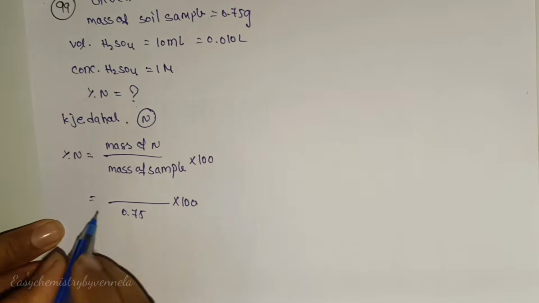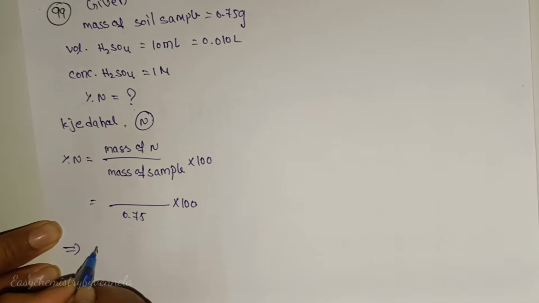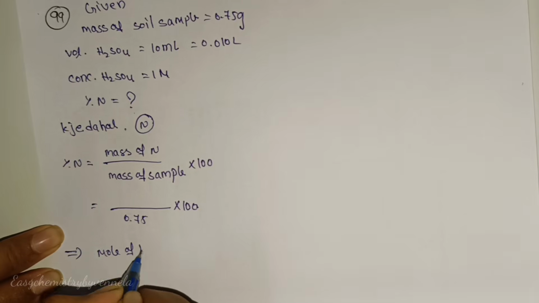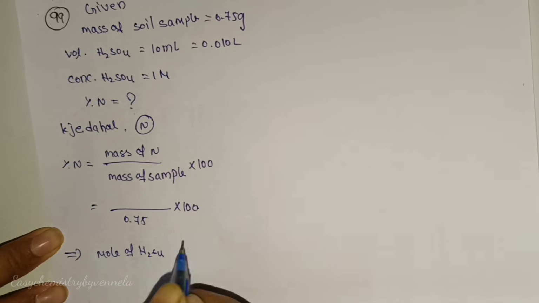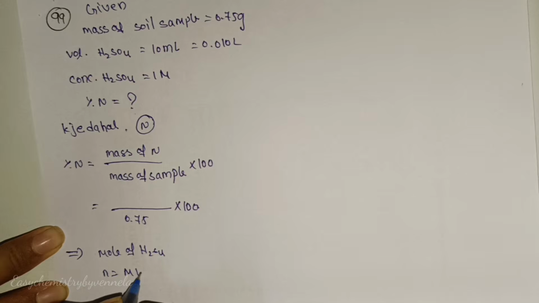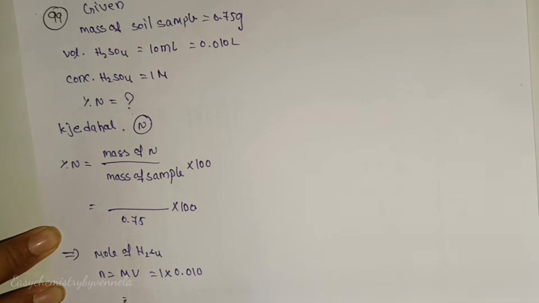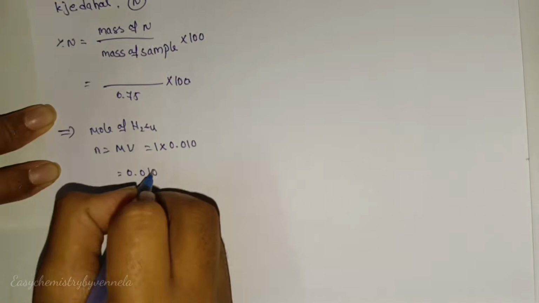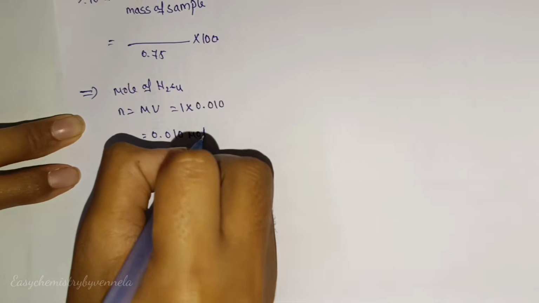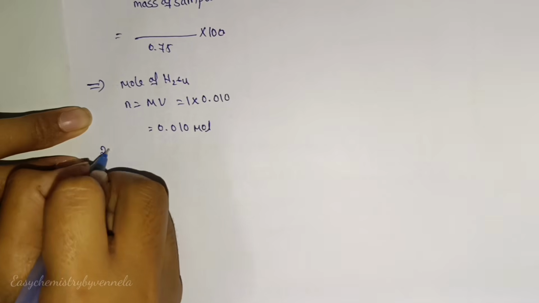So you can find mass of nitrogen. Here moles of H2SO4 is equal to M into V, 1 into 0.010. How much? 0.010 mole.